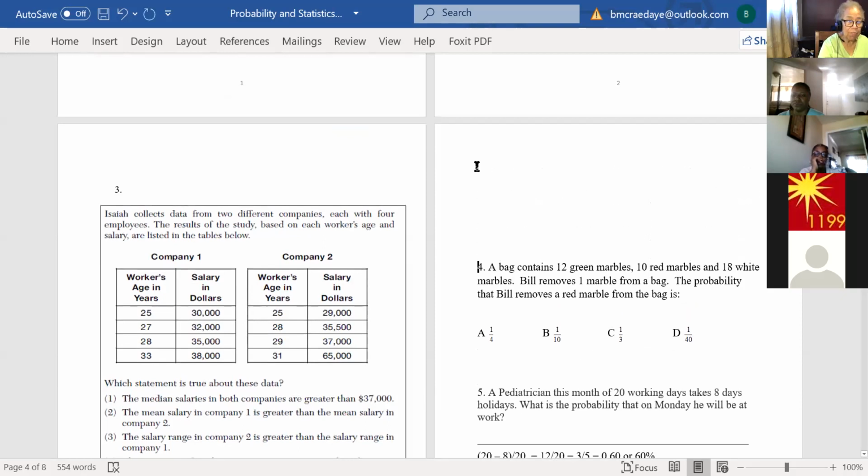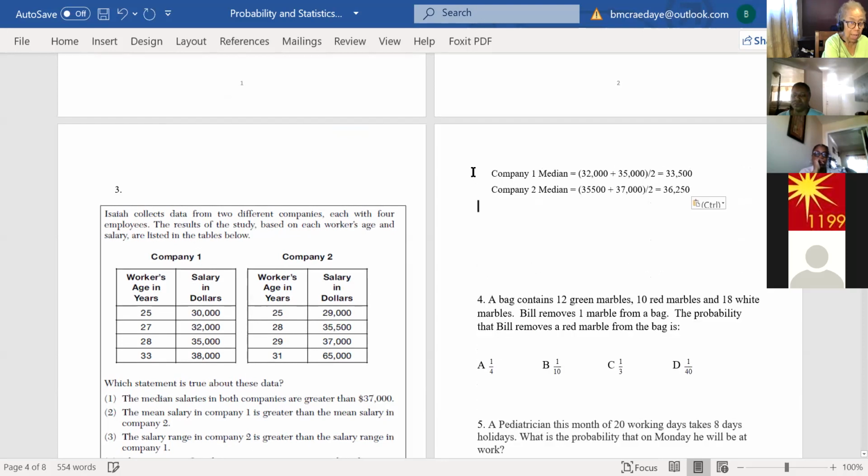Now we want to find the mean, and you say you add them up and divide by 4, right? So let's take the first company, and this is the mean for the second company. What would I have to do?